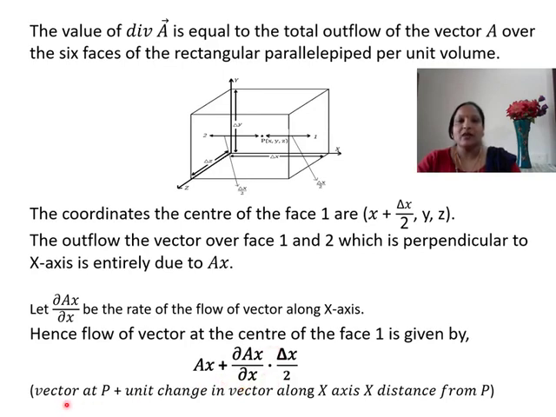That is, vector at P plus unit change in vector along x-axis into distance delta x divided by 2.